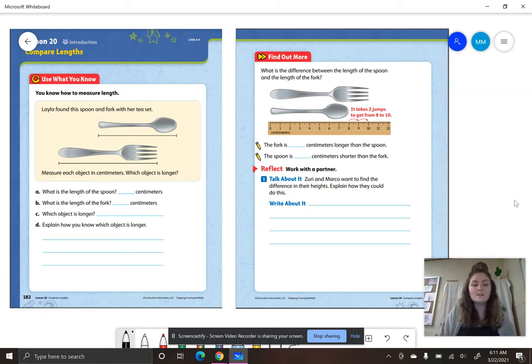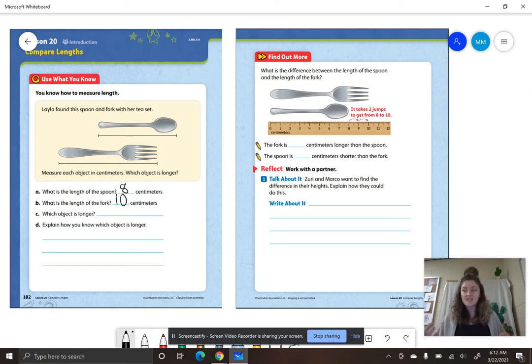All right, so what was the length of the spoon? So we're on letter A, Smarties. What was the length of the spoon? 8 centimeters. And what was the length of the fork? 10 centimeters. Which object is longer? So think about it. When we have talked about comparing numbers, think back to when we were comparing 3-digit numbers. Allie always wanted to eat the bigger number.